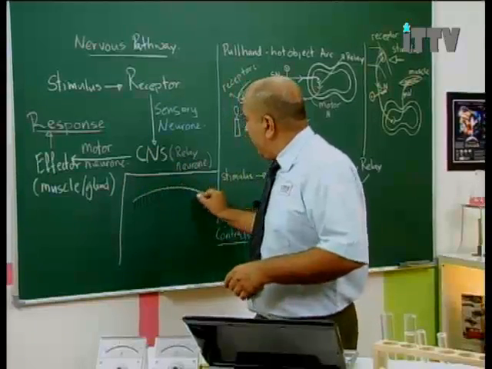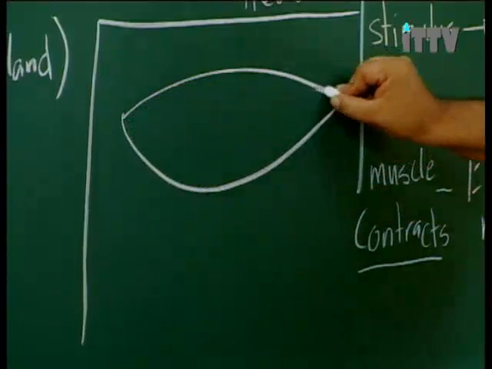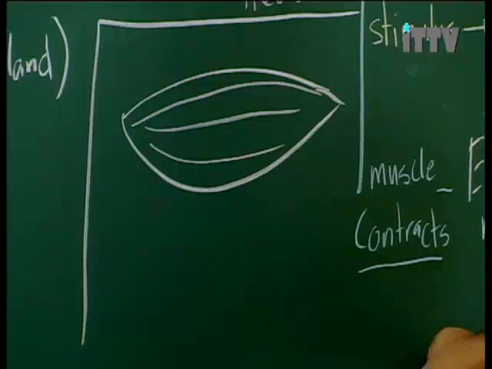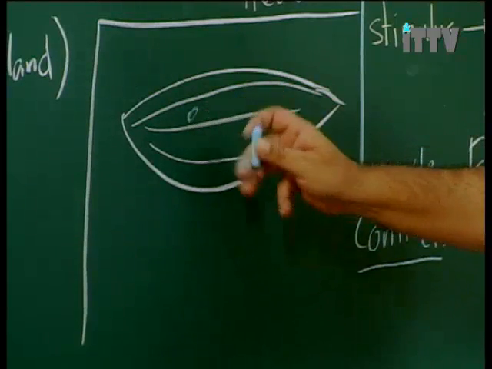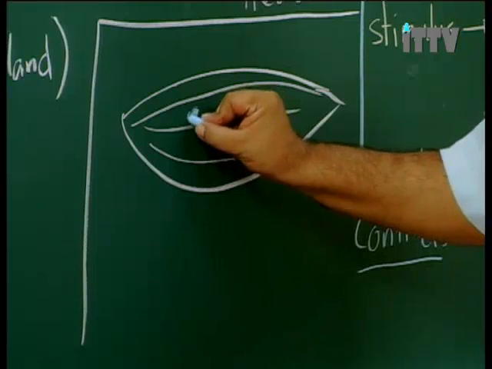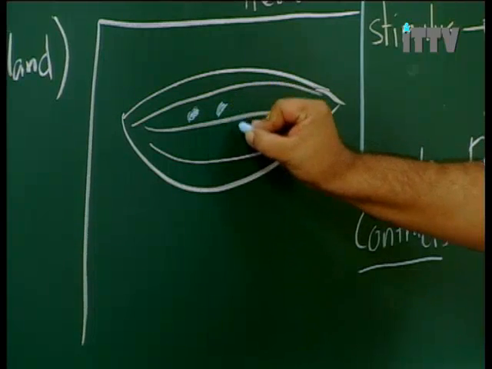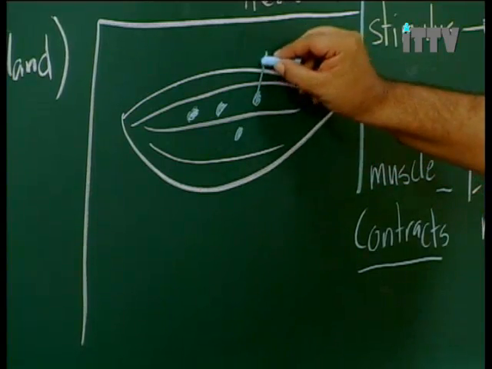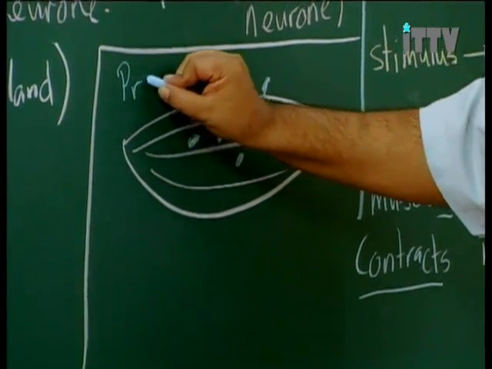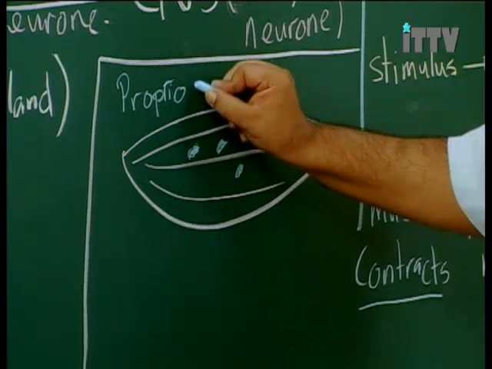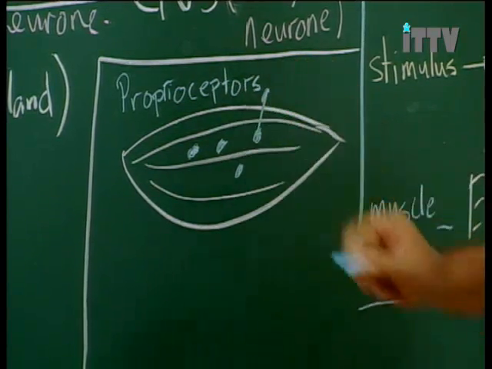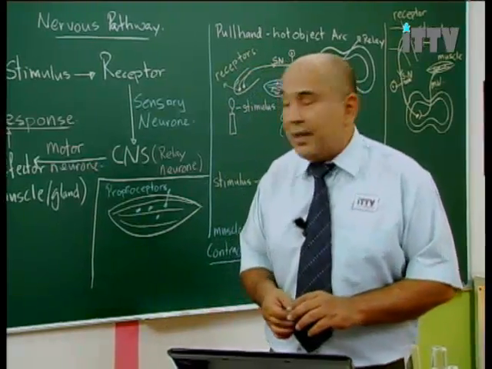Now, if you have a muscle, and we tend to draw muscles with the lines going across them, inside your muscles we have special receptors. These receptors are known as proprioceptors.